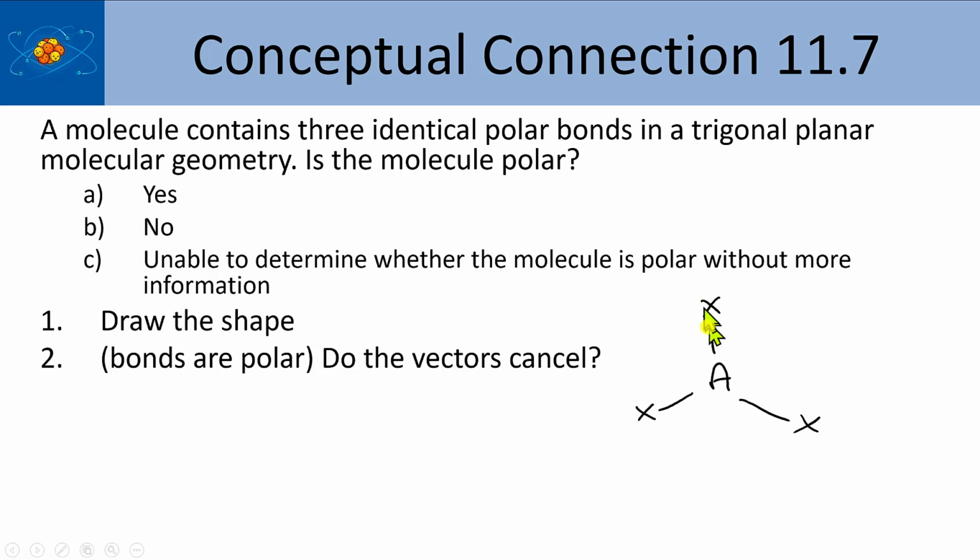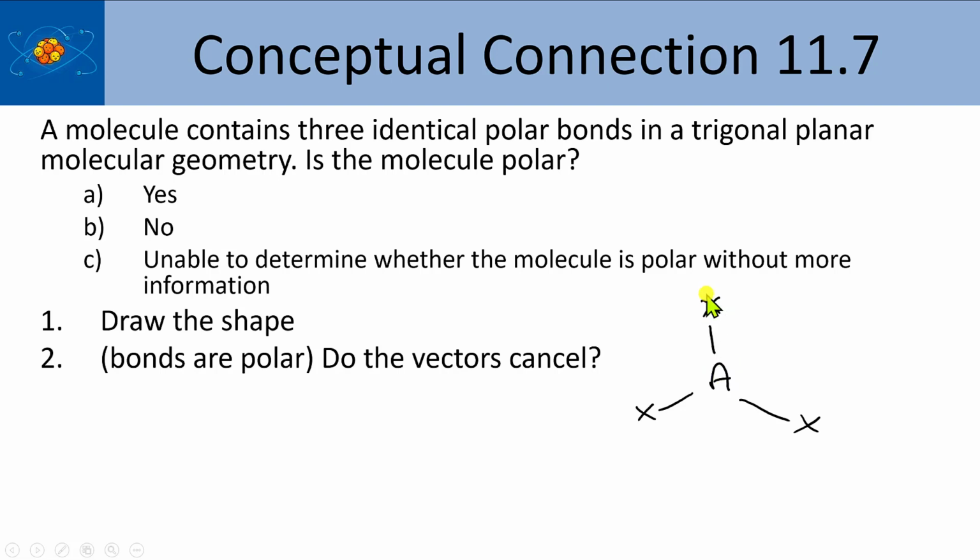And these are polar bonds, right? The AX bonds, because it says 3 identical polar bonds. So again, think of the rubber bands. Do the forces of the rubber bands or the vectors cancel? And the answer is determined by whether or not you think this will displace from where it is.